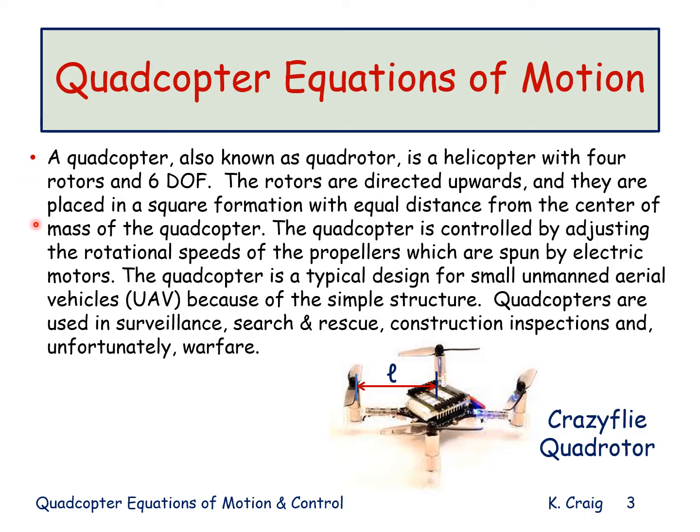The quadcopter is controlled by adjusting the rotational speeds of the propellers, which are spun by electric motors. The quadcopter is a typical design for small unmanned aerial vehicles, UAVs, because of the simple structure. Quadcopters are used in surveillance, search and rescue, construction inspections, and, unfortunately, warfare.